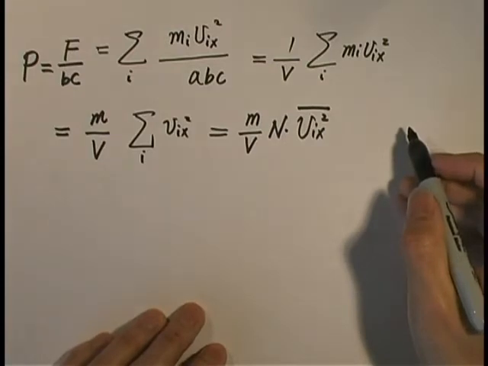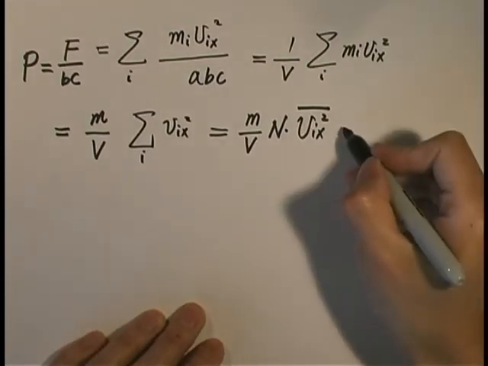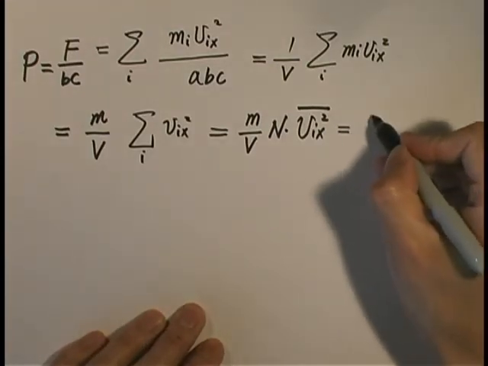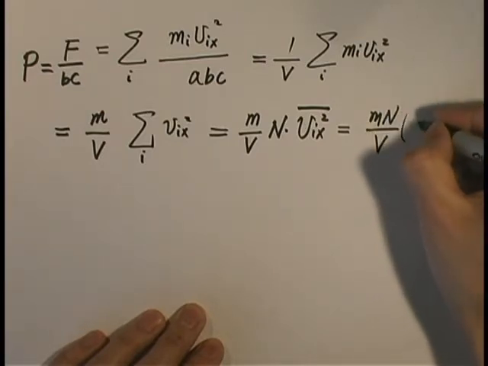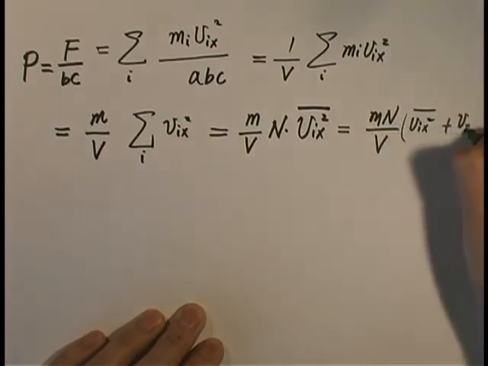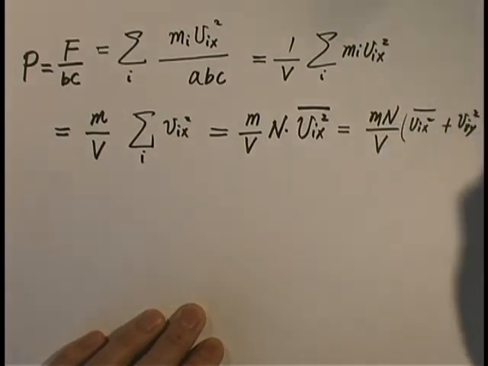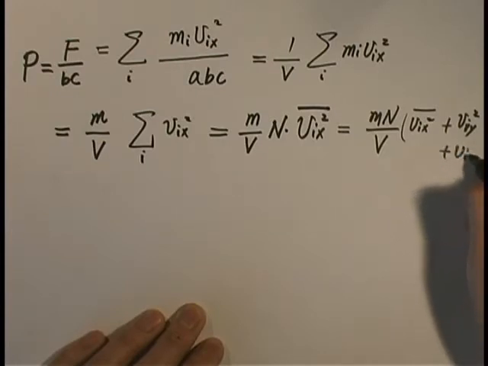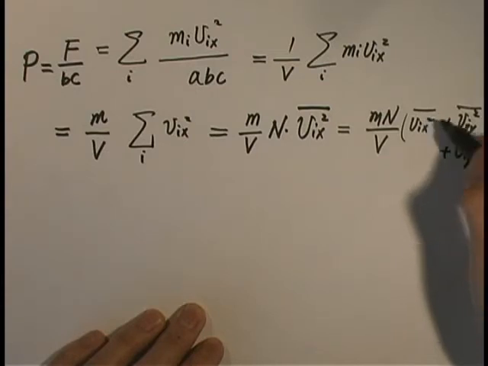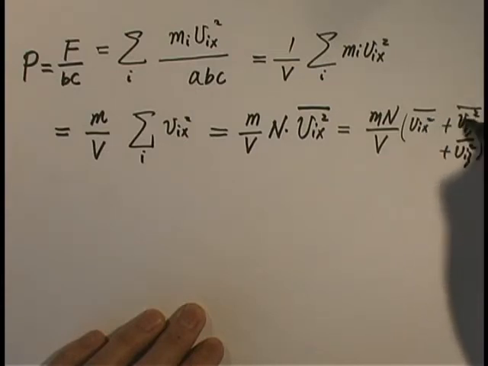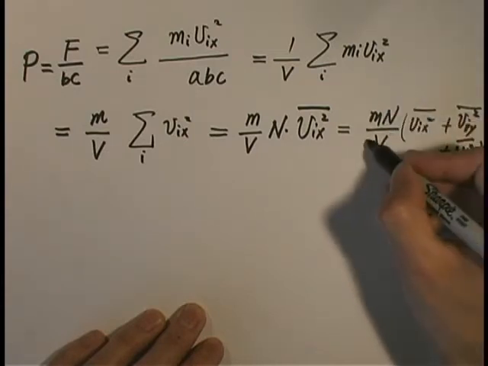In other words, I can say this is mn over V. I can say this is vix squared, but also viy squared and viz squared. These 3 values are all equal to each other. But of course, I just basically added 2 identical terms to that. I must divide it by 3.